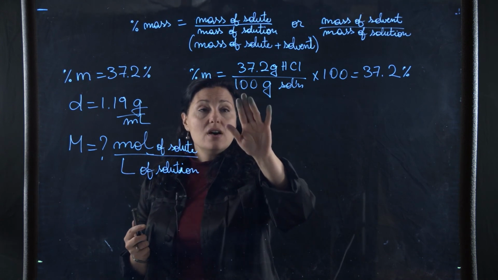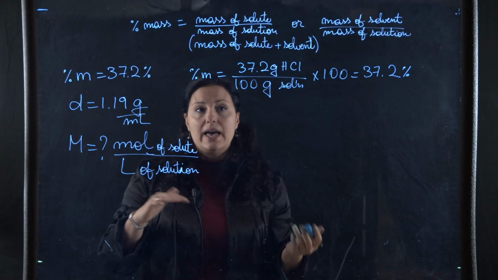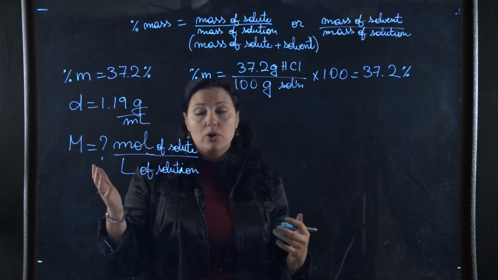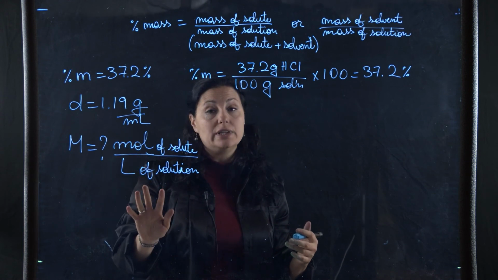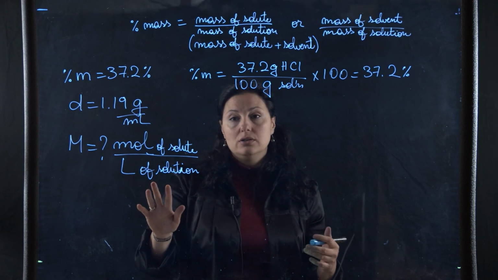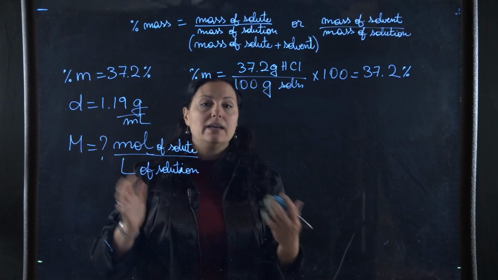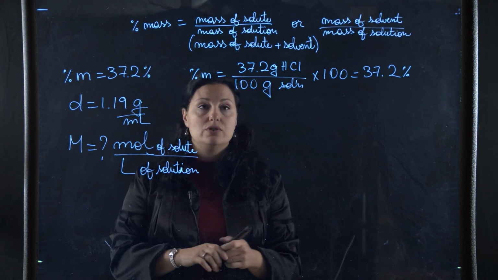So this is true, and therefore we can use it as a relationship. We have 100 grams of solution, and to find the molarity, I need the moles of solute over liters of solution. To figure out the liters of solution, now that I have a mass in grams and also a density, I can calculate the volume of the solution.